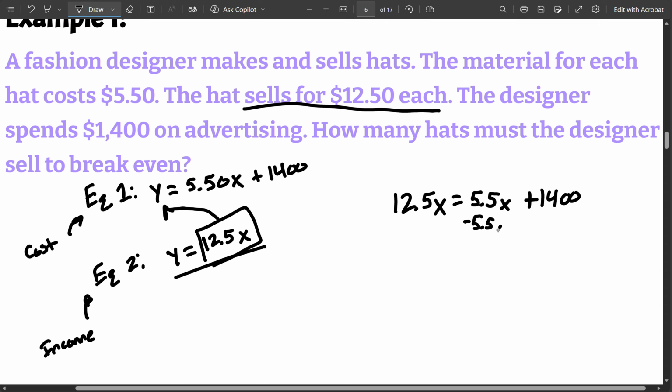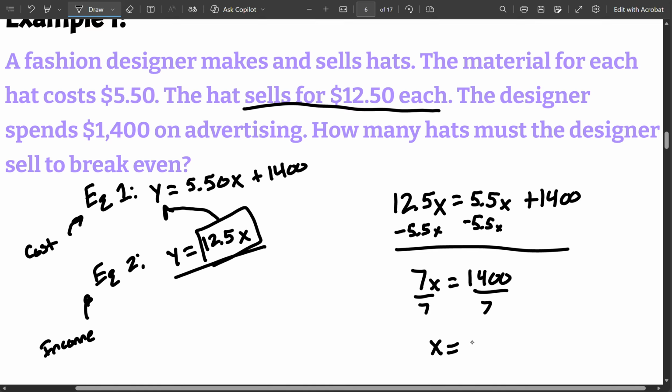Solve the equation, subtract 5.5x from both sides. You get 7x equals 1,400. Divide both sides by 7. x equals 200. So you might pause and ask yourself, what does this mean? What does x equal 200 mean?